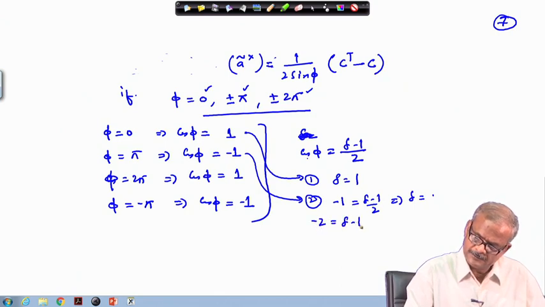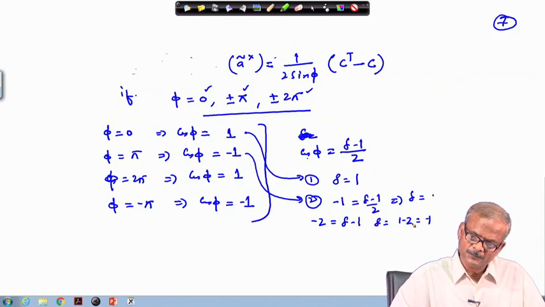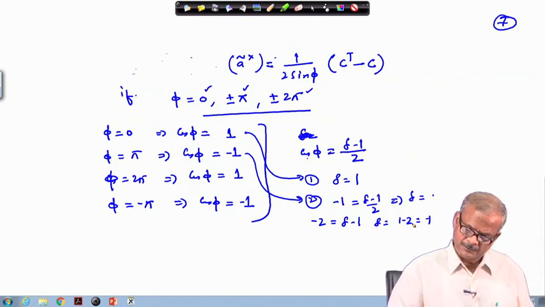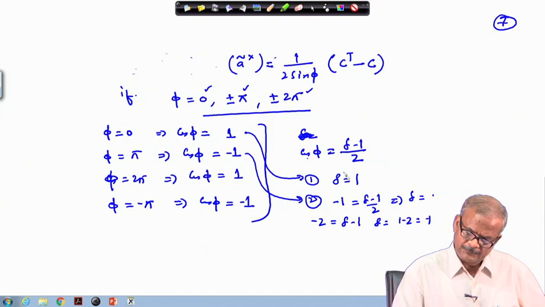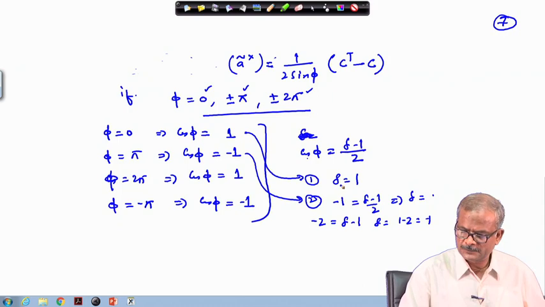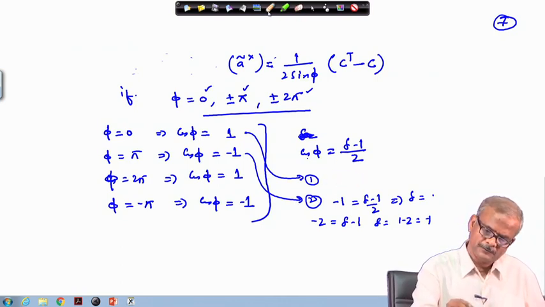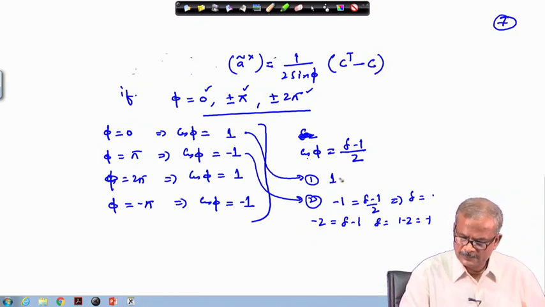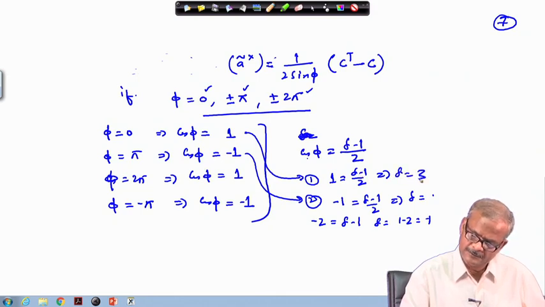We need to correct something here, we had written it wrongly. So, for phi equal to 0, if we put cos phi equal to 1, this is 1 equal to delta minus 1 divided by 2, and this implies delta equal to 3.